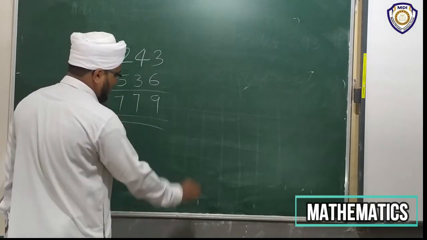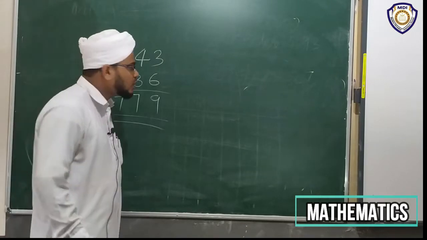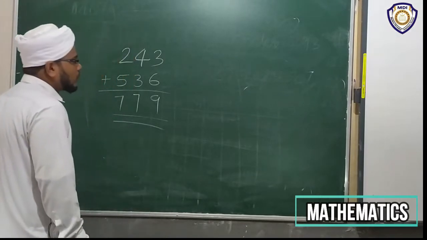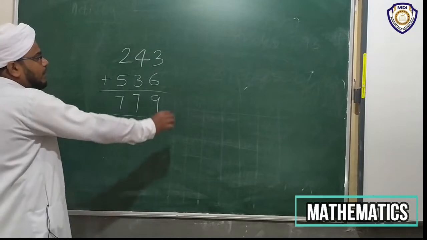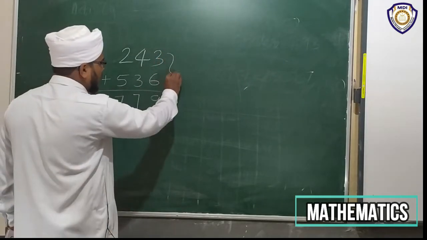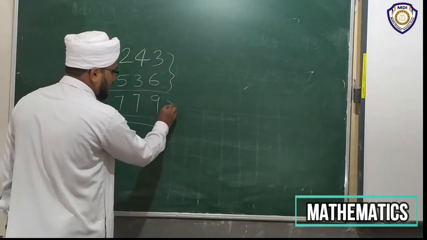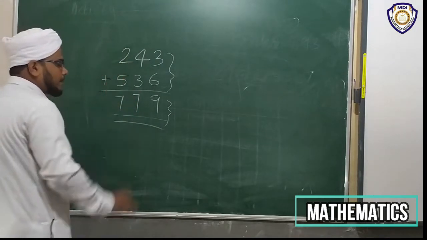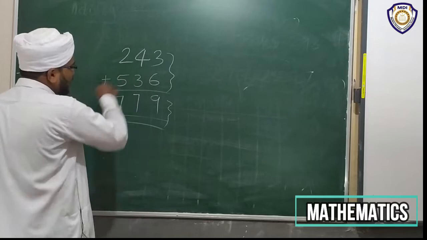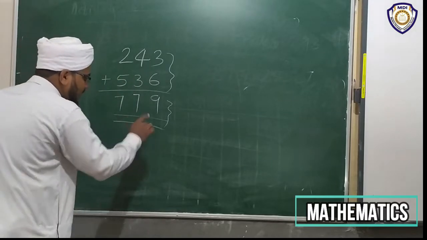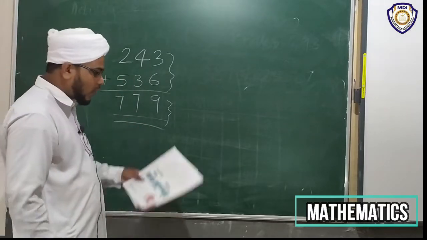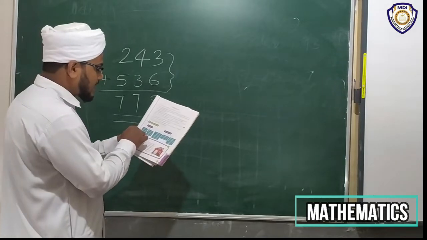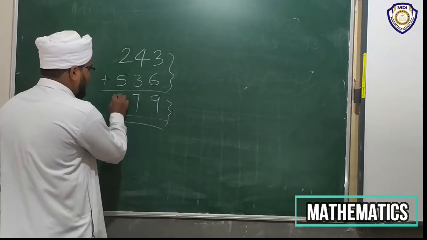This is the answer. So, today we are going to study the names of these two numbers and this number. We add these two numbers, then we got this result. So, you can say the sum. This is sum.